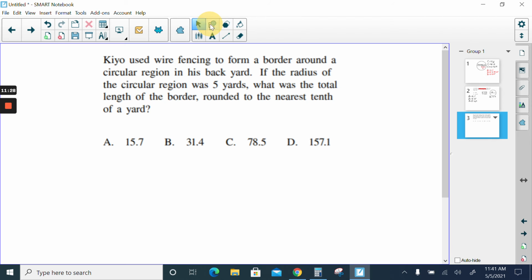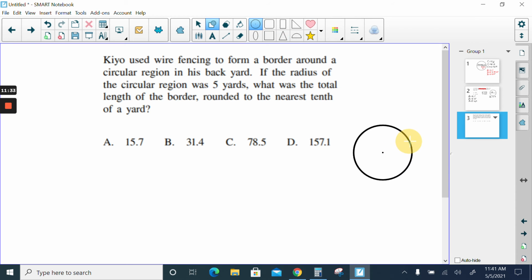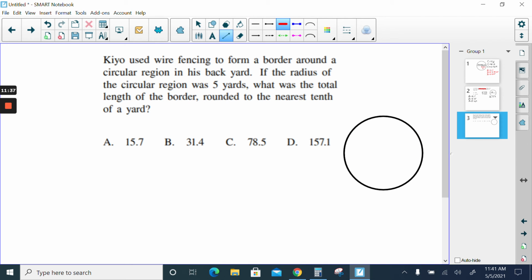Now I'm going to start this problem the same way I started the last problem and draw my circle. But this time we have a different piece of information. They don't tell us my diameter. This time they tell us the radius of my circle is 5 yards.